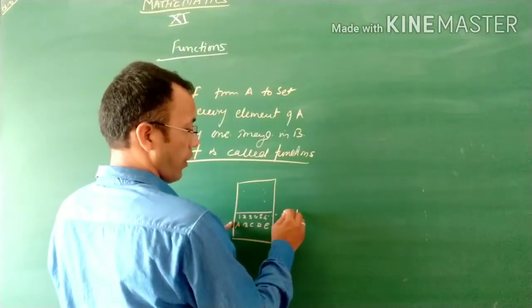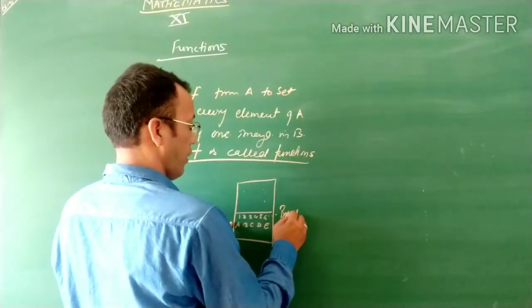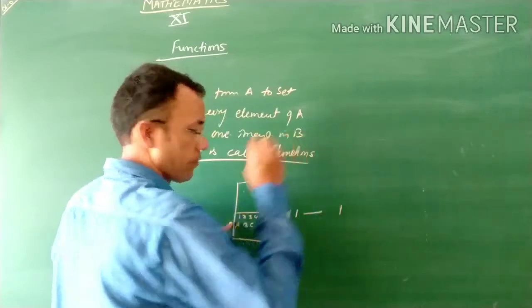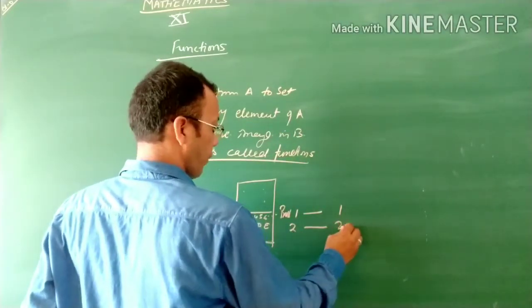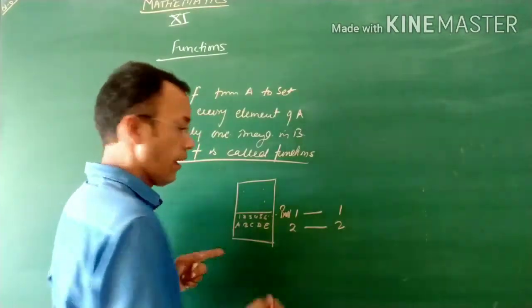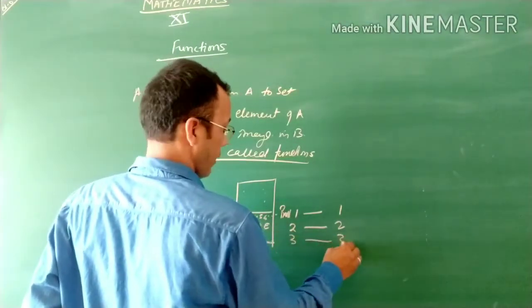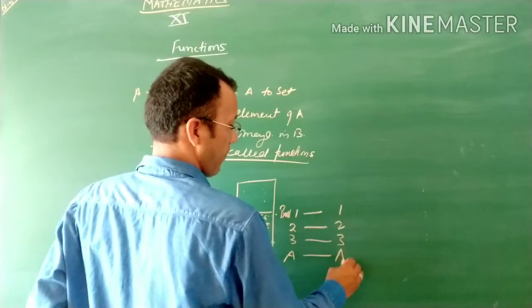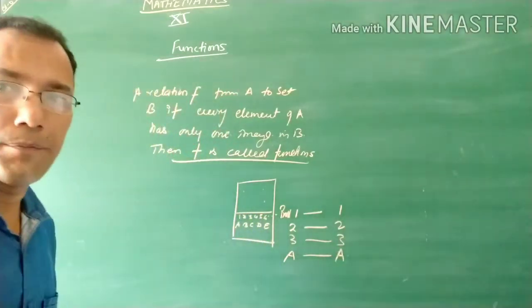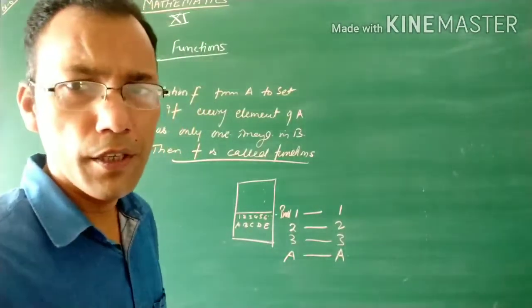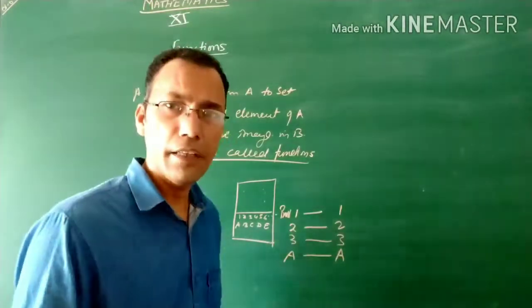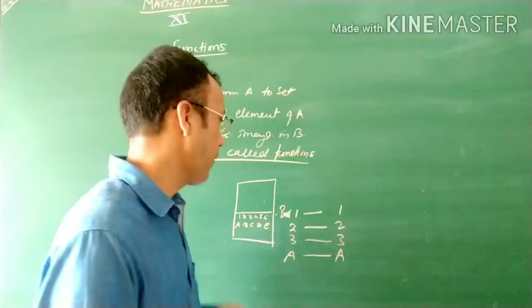If I press 1, then it shows 1 on the screen. If I press 2, it shows 2. Right? And so on, 3, A, and plus, minus, divide, and trigonometric things like sine 30 degree, everything, anyone.